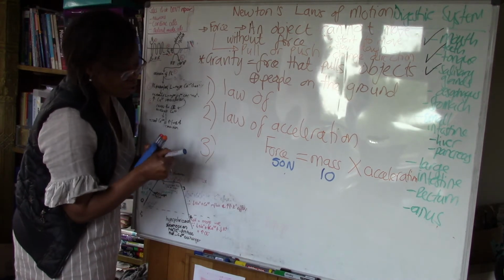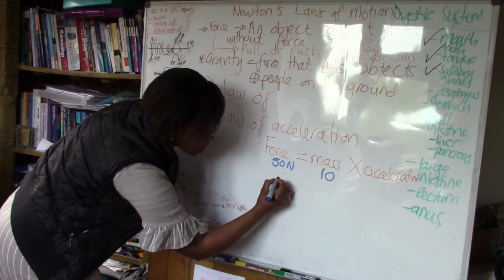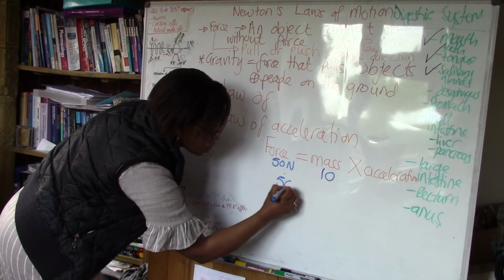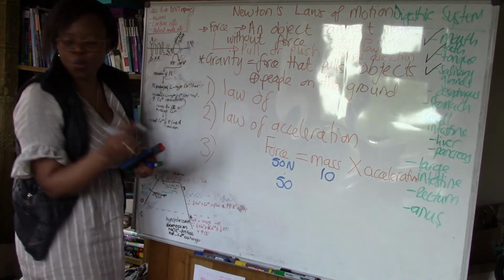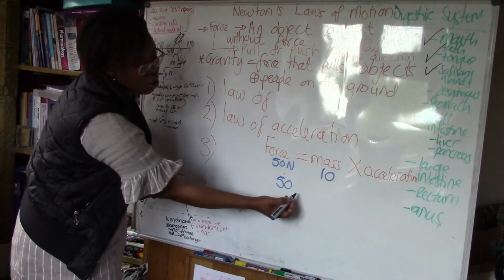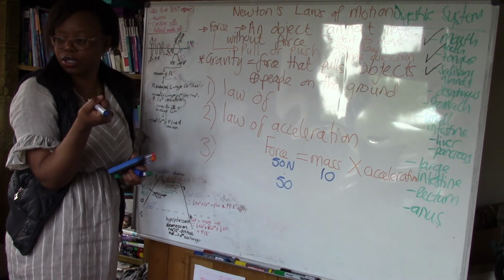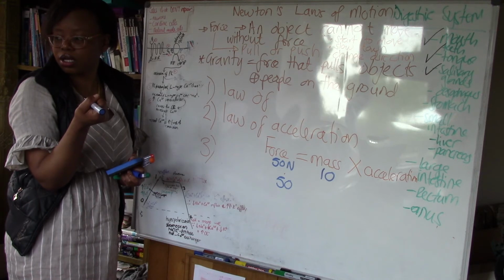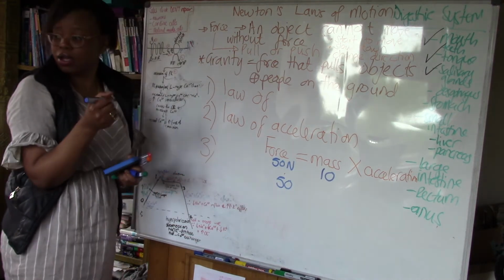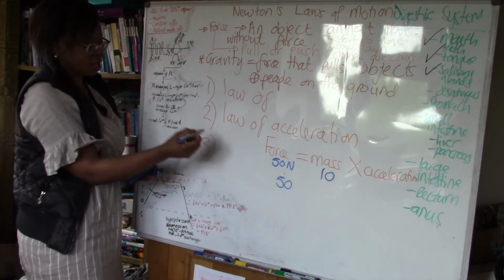So I said 50 divided by 10. When you write a division sign, do you write it over, like a fraction, or do you still do it as a division symbol? We still do it as a division symbol. The only time we do it like this is if we're doing long division.